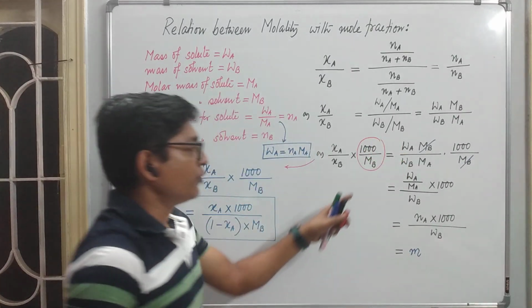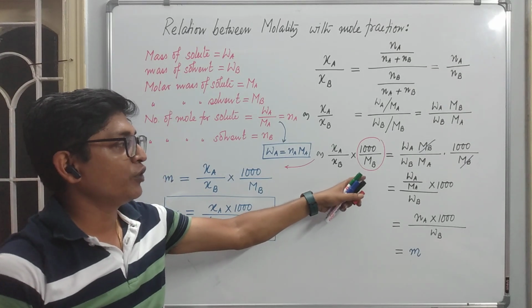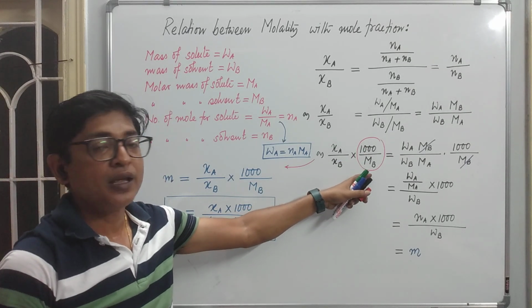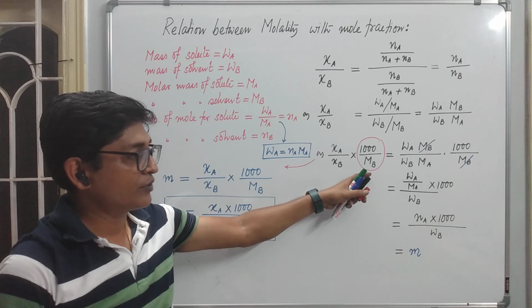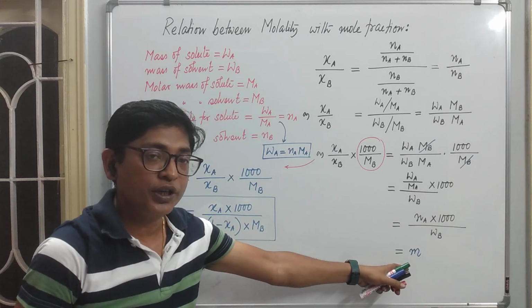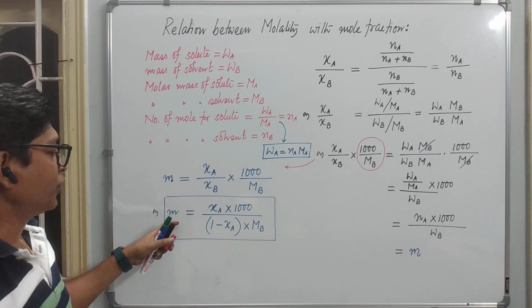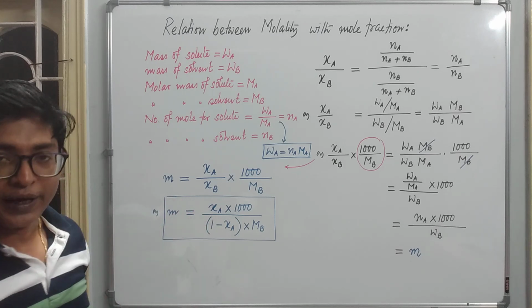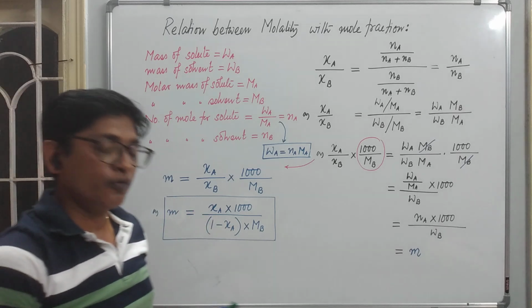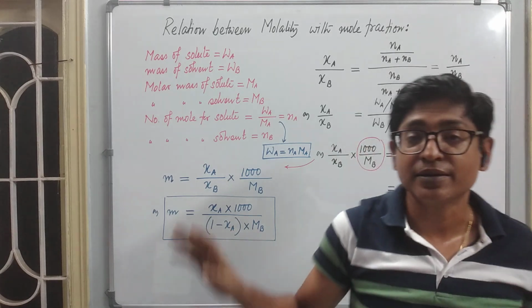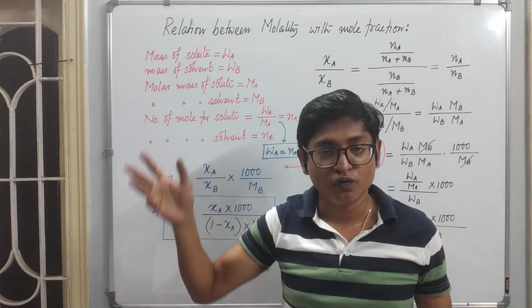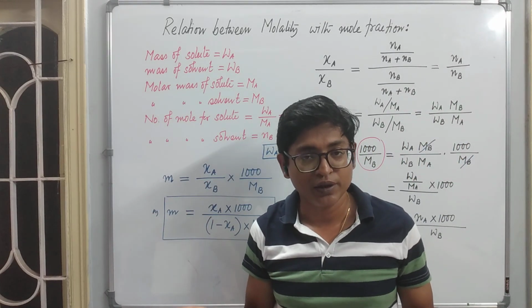And I hope by this time you have understood why we are multiplying it with 1000 divided by molar mass of B, so that I can easily convert it to the molal solution. And this is the final relation between the molality and the mole fraction. Okay, I hope all of you have enjoyed and understood this calculation, interconversion from one unit to another unit.